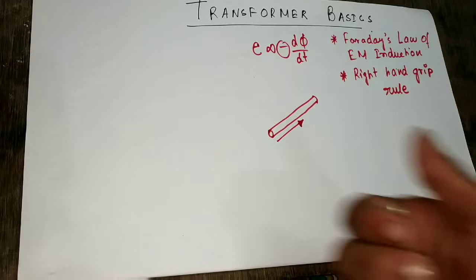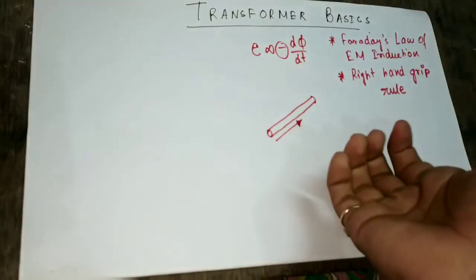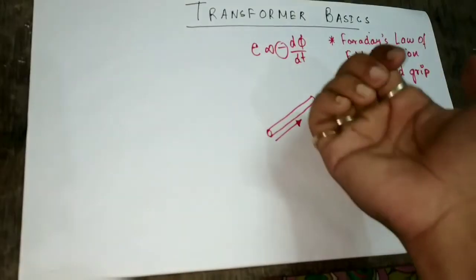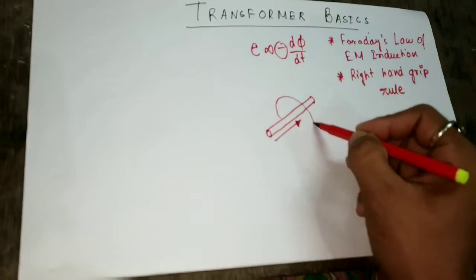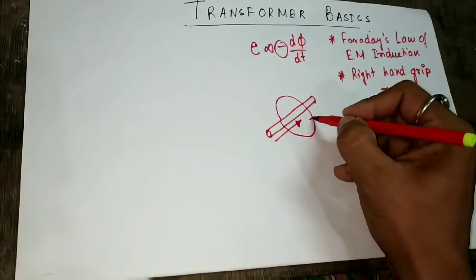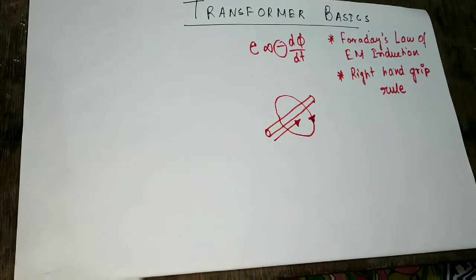If the current is flowing in this way, according to the right hand grip rule, the magnetic flux around the conductor will be in this way. This is the direction of the magnetic flux.